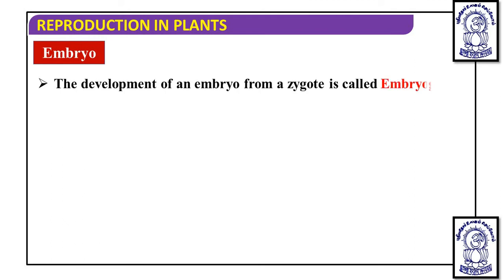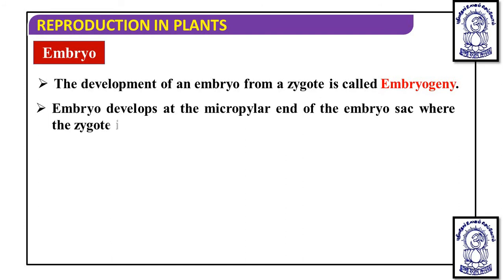Now next, after the endosperm development and types of endosperm, we are going to talk about the embryo. Dear students, in embryo we are going to talk about the embryo development from the zygote. So the development of embryo from zygote is known as embryogeny or embryo development. You know that the zygote is formed towards the micropylar end, because the egg in the embryo sac is situated toward the micropylar end.